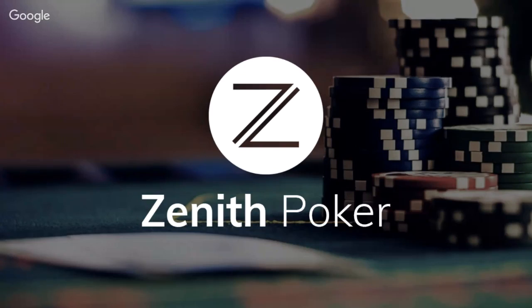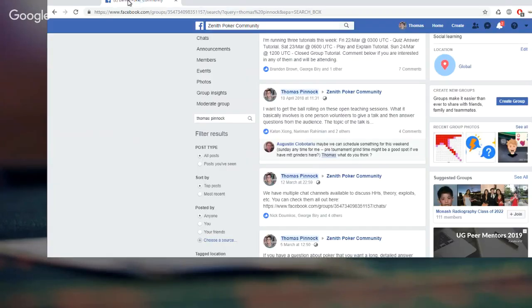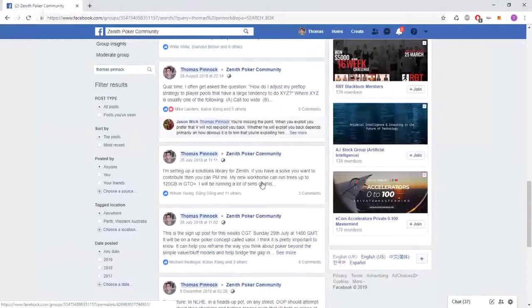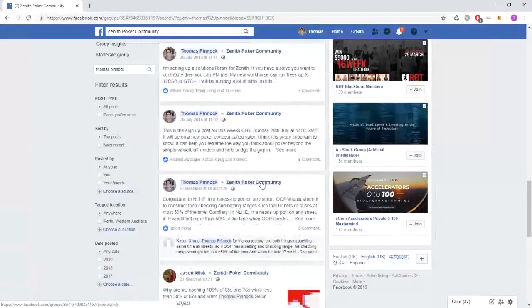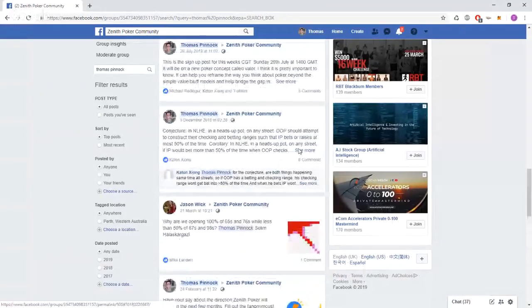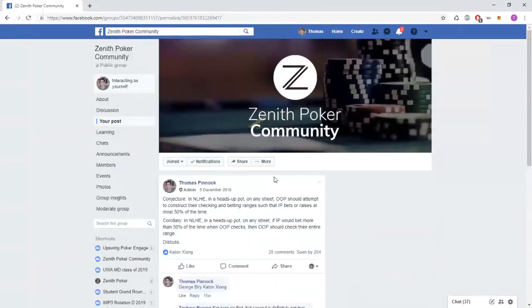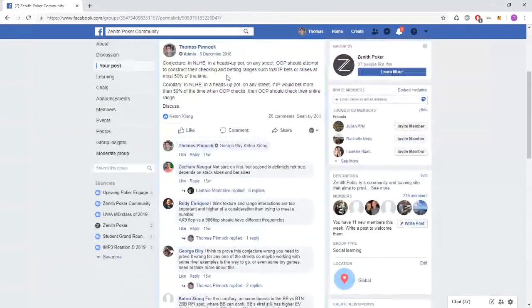Yeah, so maybe if you go back into the group. When did I come up with it? Yeah, so here, this conjecture. The 50% rule was created on the 5th of December 2018, essentially.